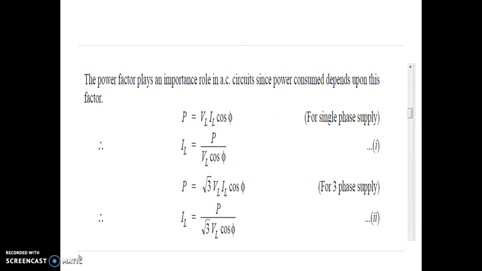Power equal to line voltage into line current into cos phi for a single phase system. For three phase system, √3 into line voltage into line current into cos phi. Then load current IL equal to power divided by VL into cos phi for both single phase and three phase. From this, we clearly understand how the power factor plays an important role in the AC system.